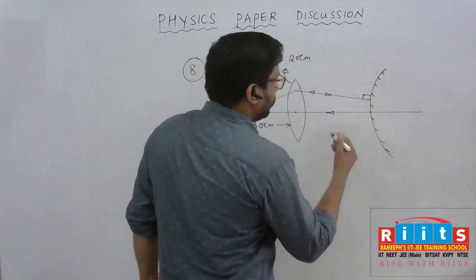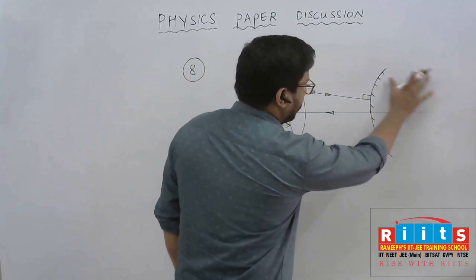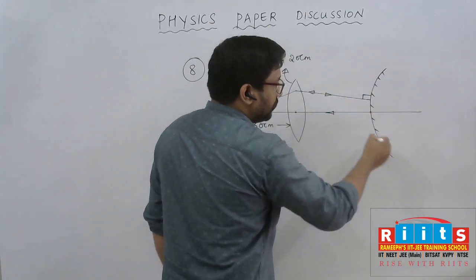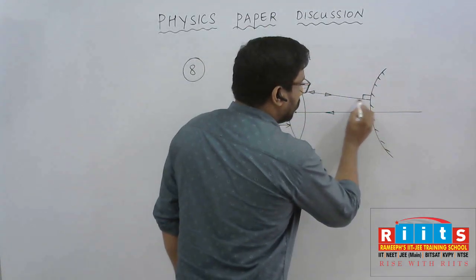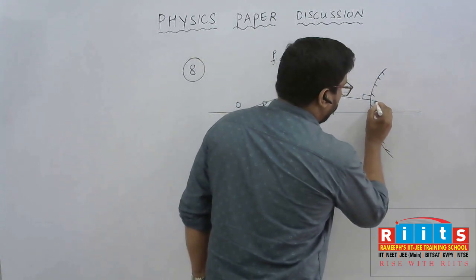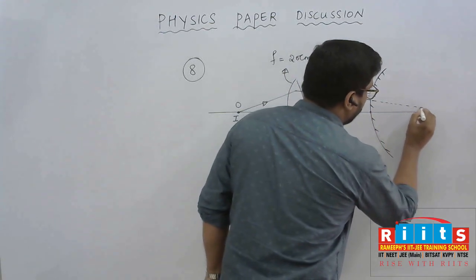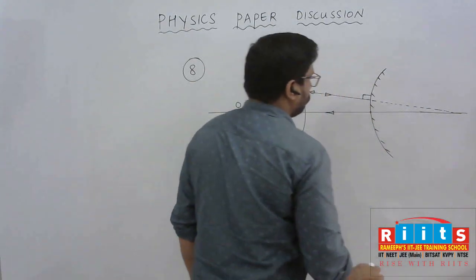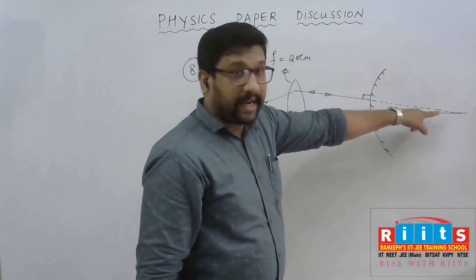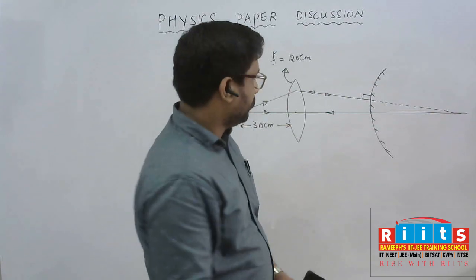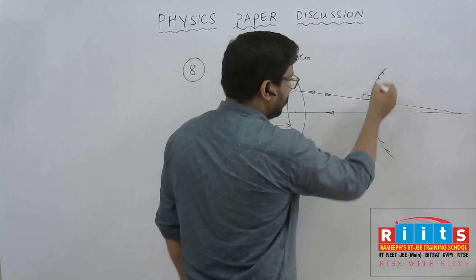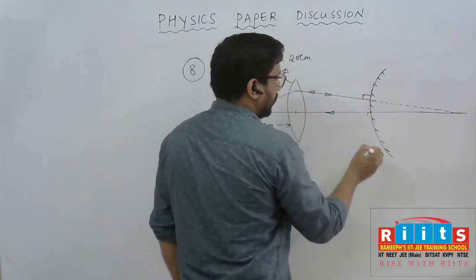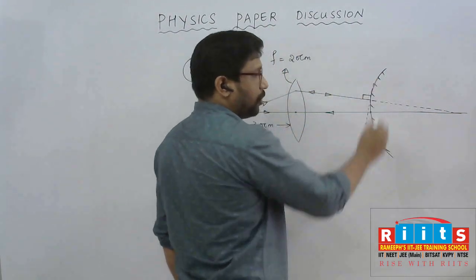So what idea are we getting from this diagram? You know very well, for a spherical curve, the perpendicular on the surface will be along the radial distance. This line, the radius, is always perpendicular to the surface. Since this line is perpendicular to the surface exactly at the point of incidence, it is perpendicular to the tangent drawn here.